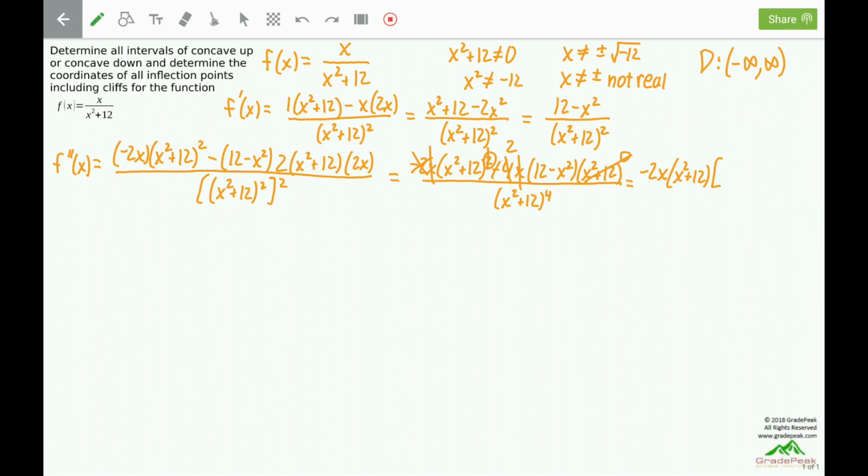It'll be an x squared plus 12 plus 2 times 12 minus x squared. It'll be an x squared plus 12 minus 2 times 12 minus x squared.